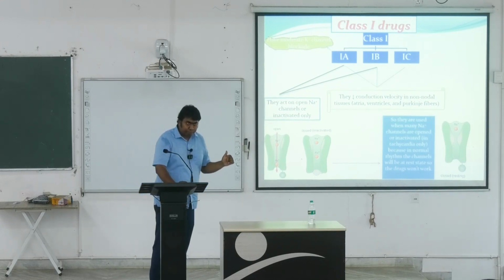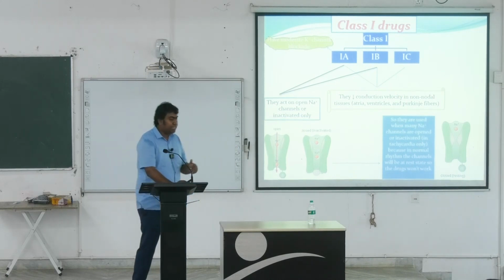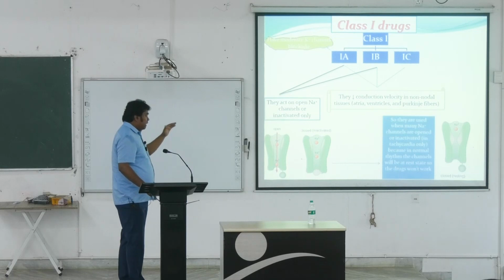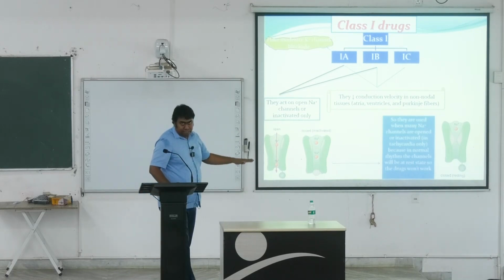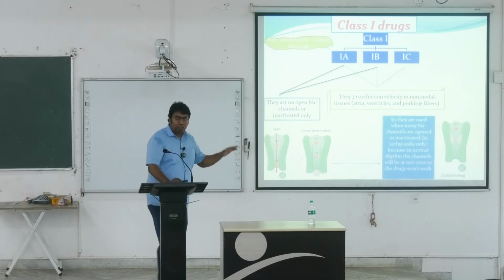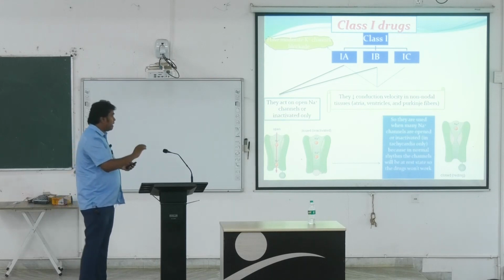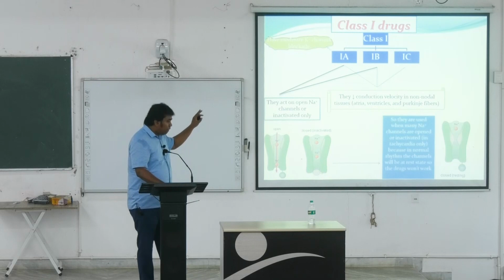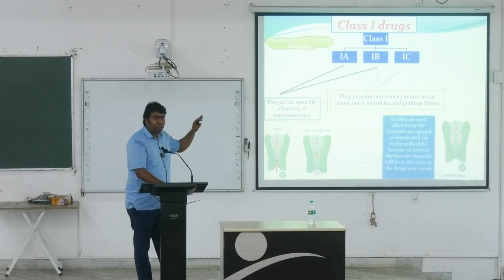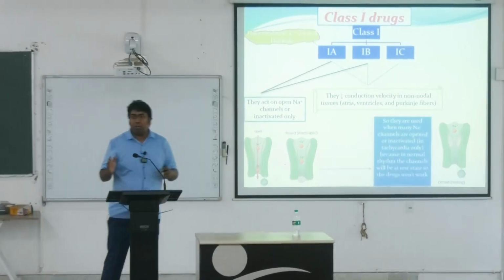Non-nodal means other than the SA node and AV node: atrium, ventricle, Purkinje tissue. So they are used when there is a tachycardia, by reducing the conduction of atrium, ventricle and Purkinje tissue, not in the SA node or AV node.